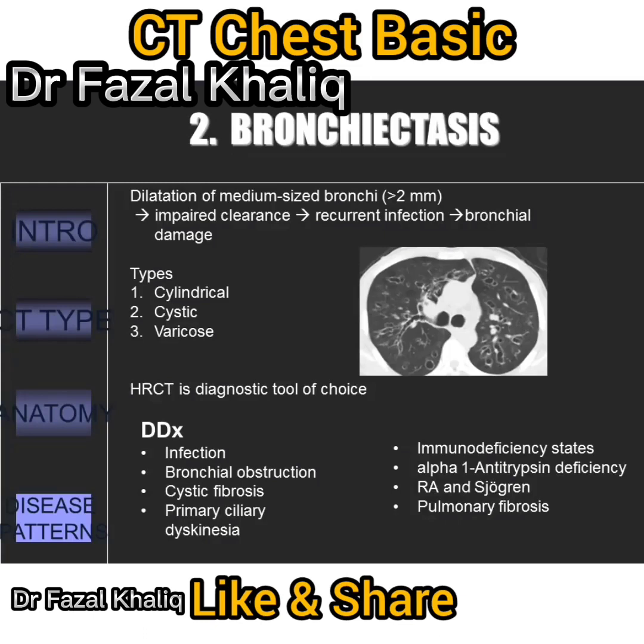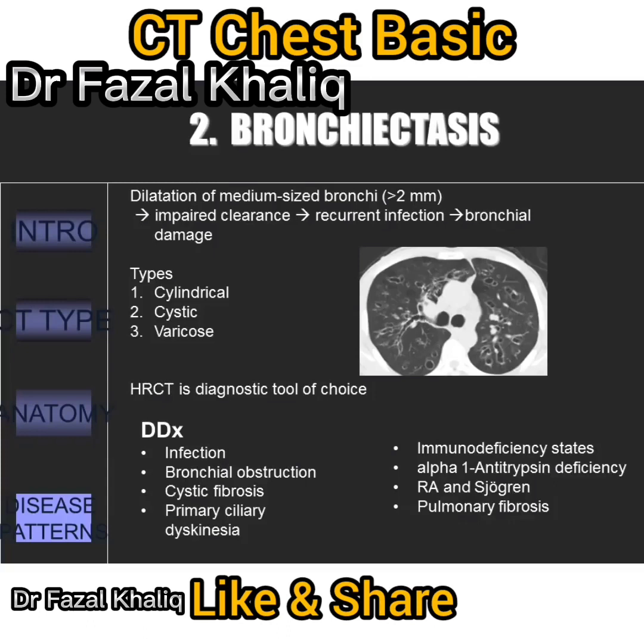These bronchi can't clear the secretions, which then leads to further colonization and infection with pathogens. This contributes to further purulent expectoration and results in further bronchial damage. Thus, bronchiectasis is a cycle of bronchial damage, bronchial dilatation, impaired clearance of secretions, recurrent infection, and more bronchial damage.